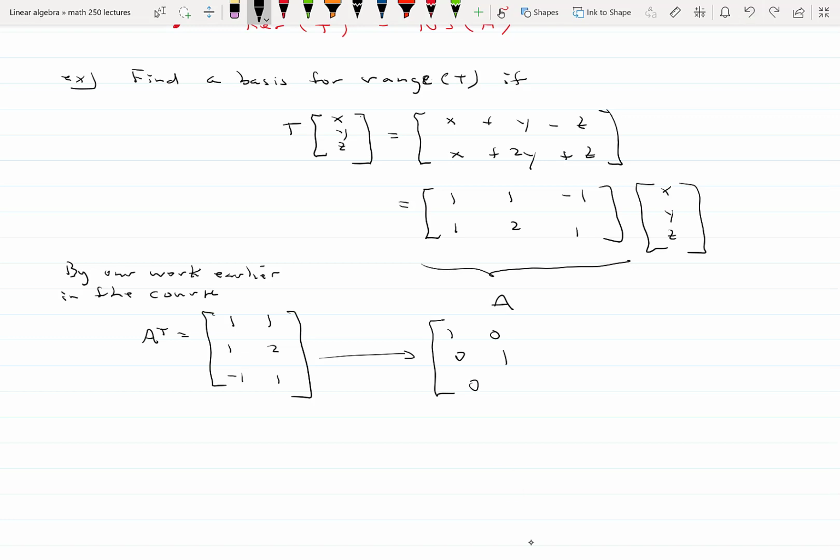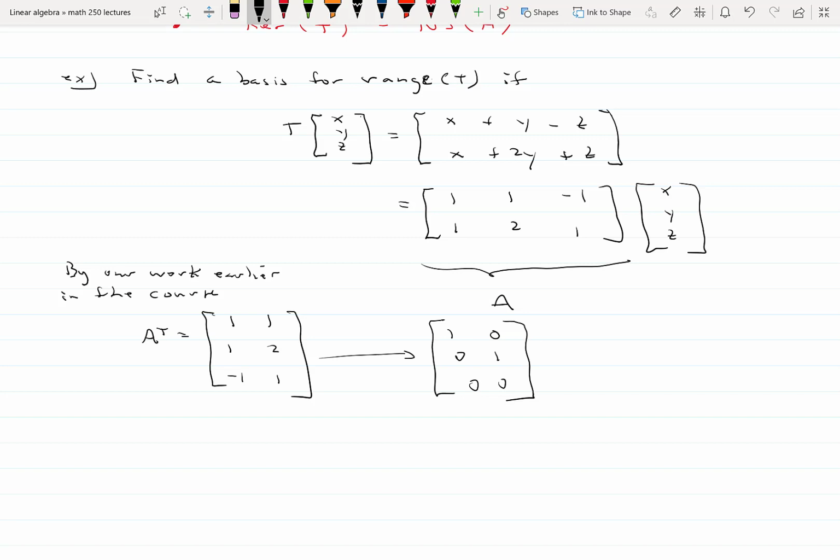By the way, the author of your textbook didn't find the RREF. He found just an REF. That's okay. If you want to read through his version of this example, it's just fine, but it's going to look different. And he doesn't explain why he doesn't go all the way to the RREF, because it's not necessary.